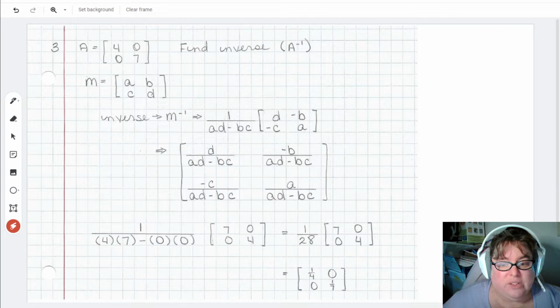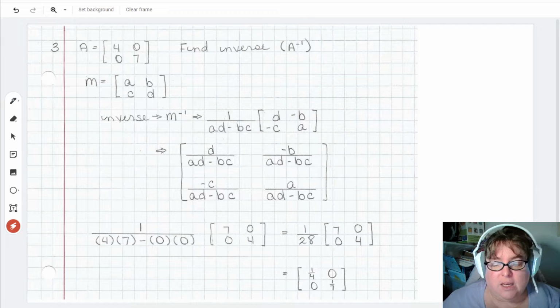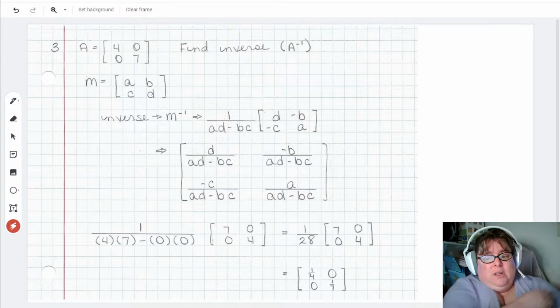So we have 1 over 28 multiplied by our original matrix, which we have flipped the a and the d, and zeros becoming negative still stay 0. So when we multiply 7 times 1 over 28 and we reduce that, we get 1/4. When we multiply 4 times 1 over 28, we reduce that down to 1 over 7.